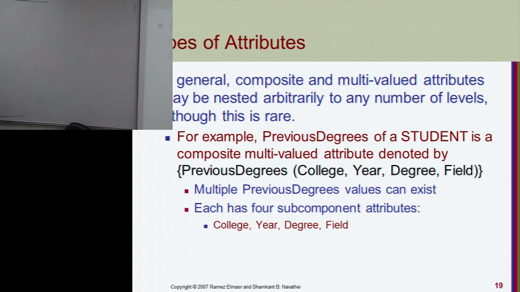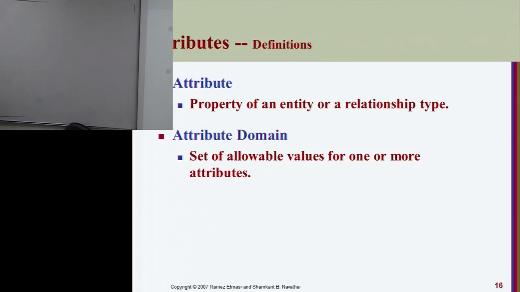One thing that I would like to add or to stress is that each attribute has a domain. Each attribute must have a domain. We cannot compare an apple with an orange. We cannot compare a student number with the GPA. A student ID is of a domain different from the domain of GPAs.